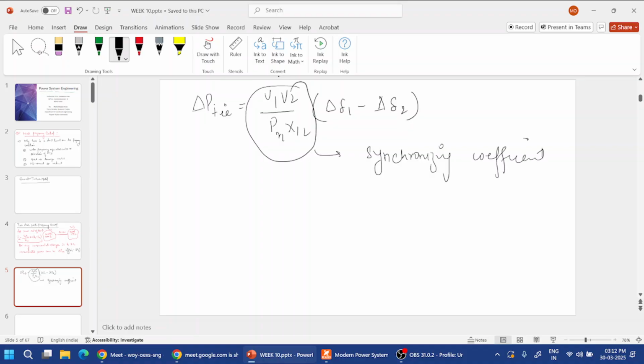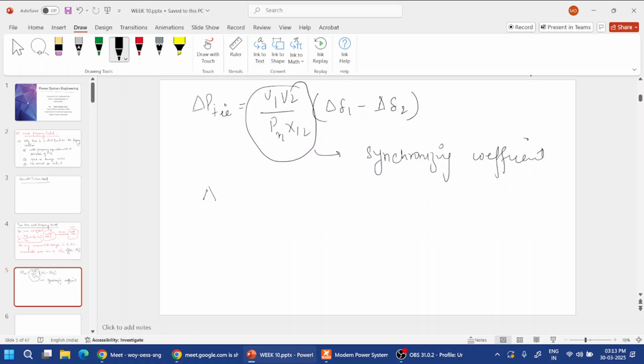As you can see, the incremental angles are the integrals of frequency. The change in angle is a function of the incremental frequency.